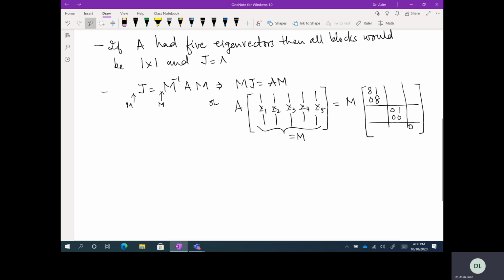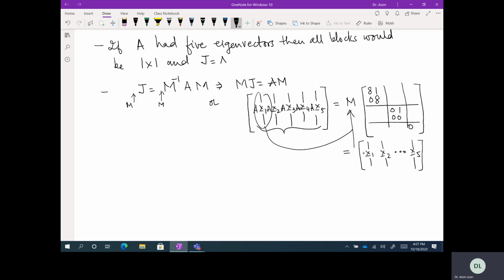So I'm going to work with this one. The first column is going to be A times x1. I can write A on each column and get rid of this A. This M is x1 through x5.